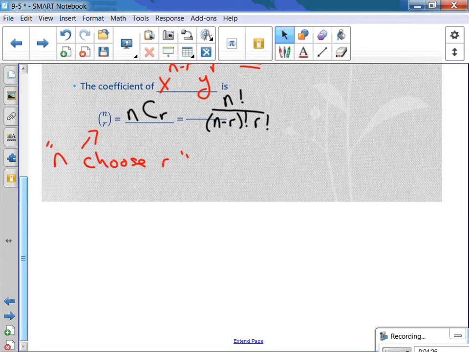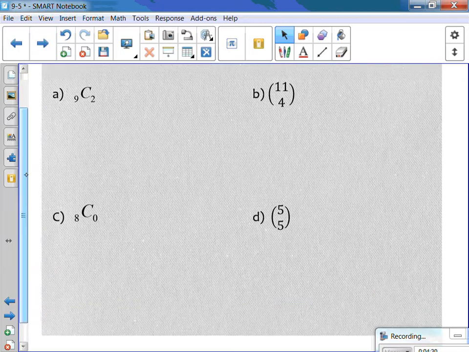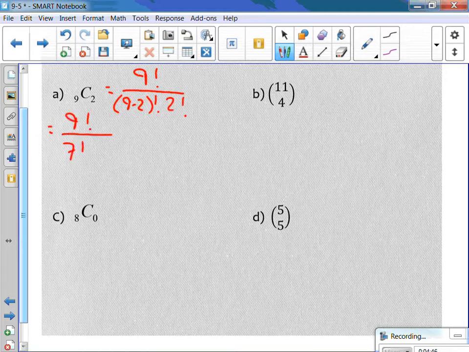So let's find the binomial coefficients. In this particular one, we have 9 choose 2. So what this means again is my 9 factorial over 9 minus 2 factorial times 2 factorial, or just 9 factorial over 7 factorial times 2 factorial.